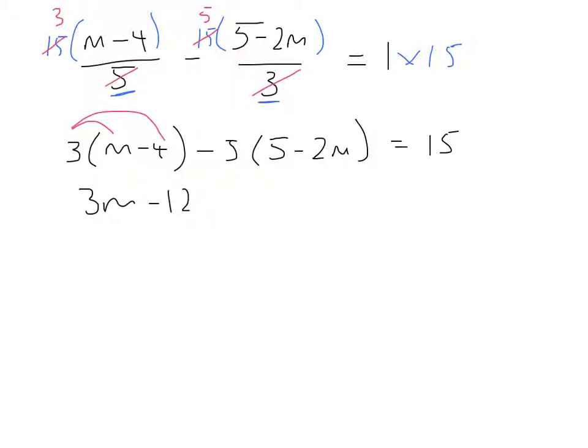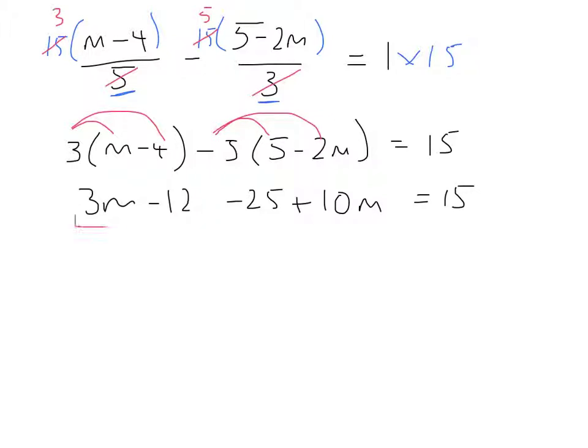And then I'm going to treat this as negative 5, so negative 5 times 5 is negative 25. And negative 5 times negative 2m, the negative times the negative is positive 10m equals 15.